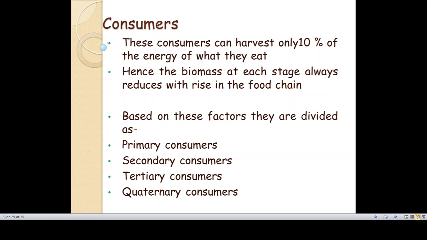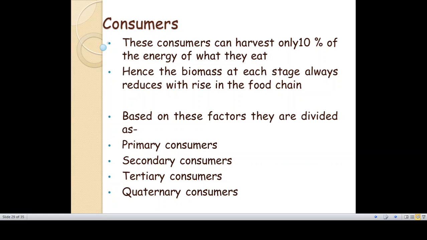So only 10% of the energy that is passed on is consumed. So biomass, of course, as the food chain and food web follow, the amount of food will be in a reduced form. Till you reach the highest level, the energy level will be almost negligible.